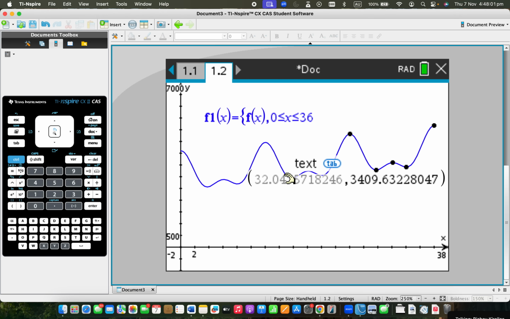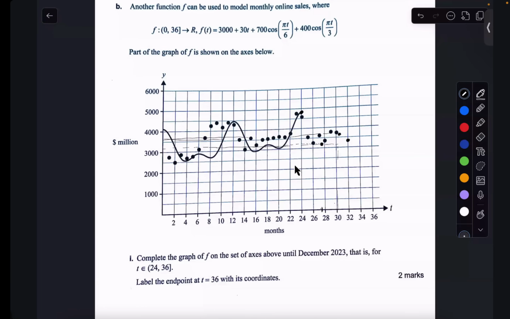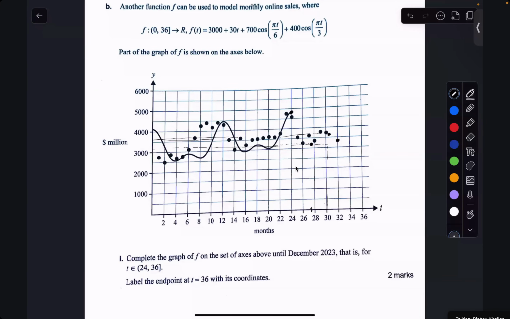Oh, I think I've drawn this part. It should be 36, that's up here. Okay, and then 3409 would be down here. And then we basically just go up to our maximum at 36, which we said 36 was 5180. So up here, all right?